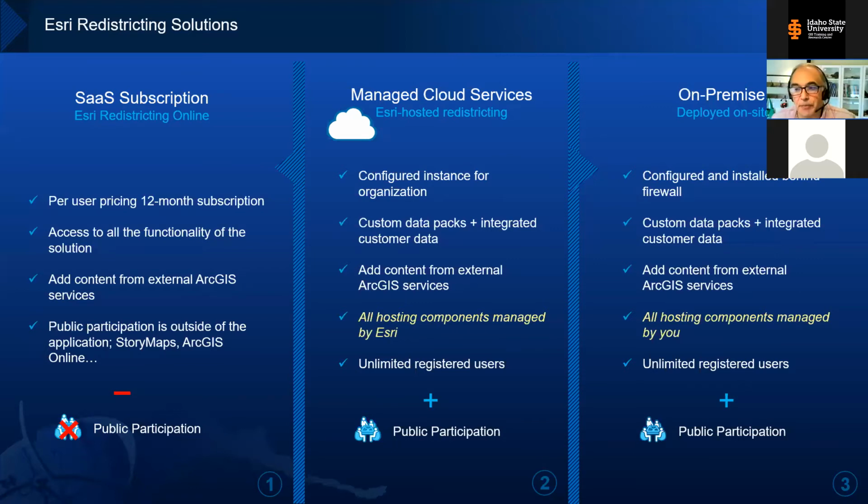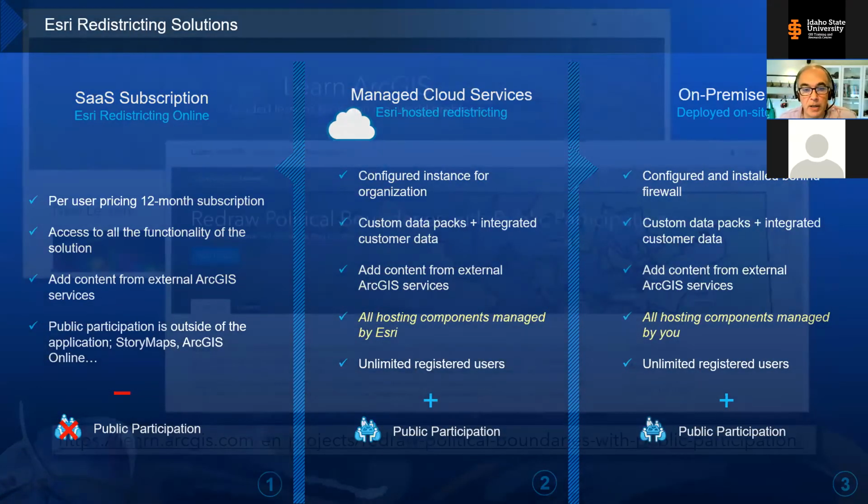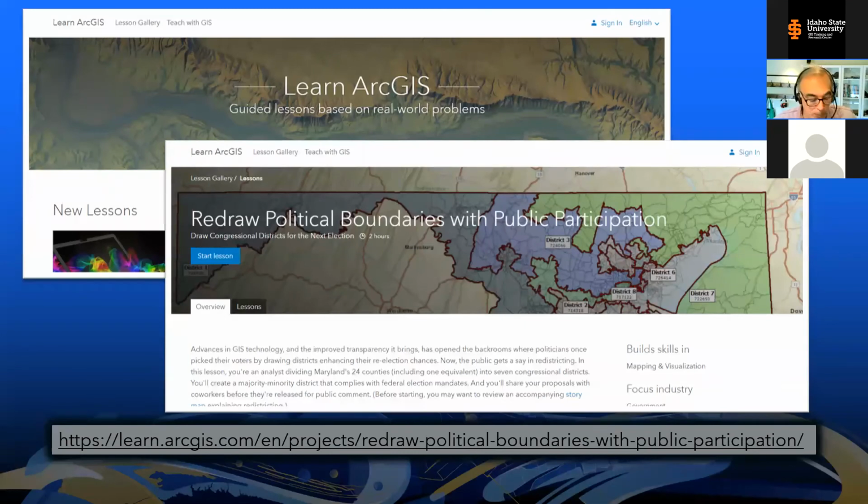And the other thing is the managed cloud services and the on-premise solutions allow you to bring in other data sets for calculations of districts. This is where oftentimes voter history data would get incorporated, where you can't do that in a SaaS solution. All right, so at this point, let me demo.